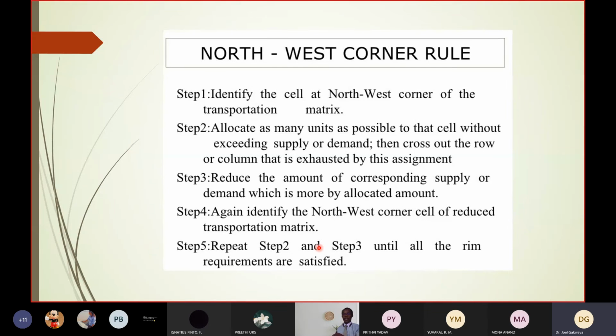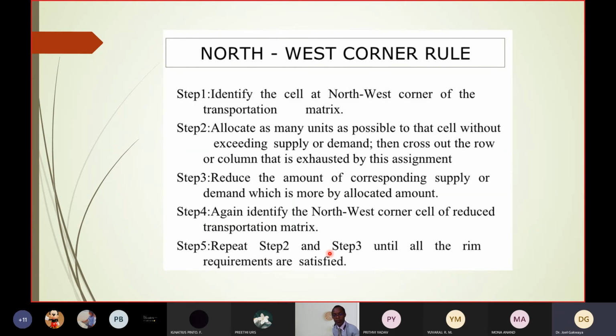You are going to repeat step 1 and step 2, okay? Until all the requirements are satisfied, meaning all the cells are satisfied, and then you find the total. Total will be this one. Watch this one.